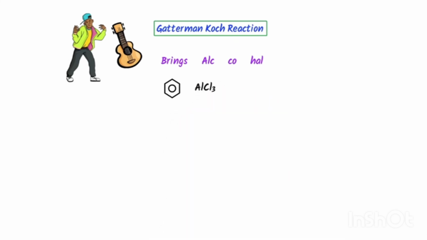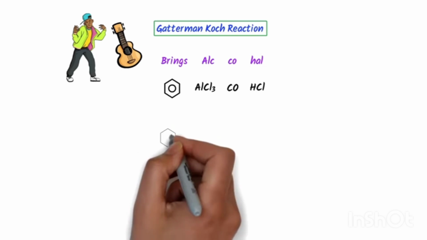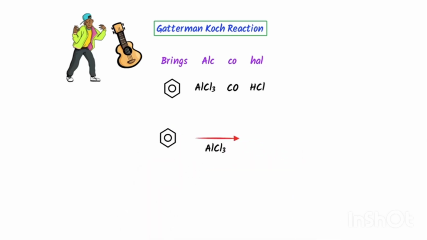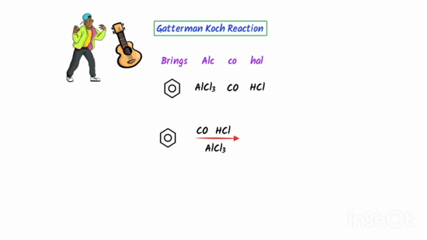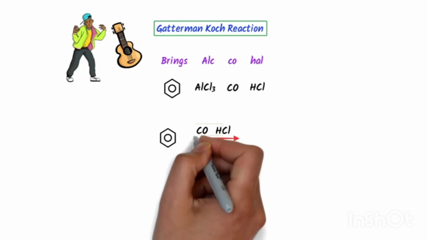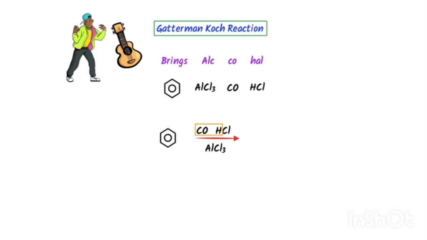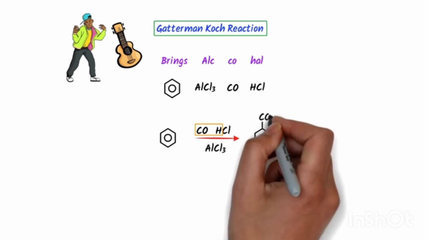This CO stands for CO. And this H stands for HCl. So I write here benzene ring. I write here aluminium chloride, CO and then HCl. These are the reactants of this reaction. Now I select CO and H and I add it to the benzene ring. I write here benzene ring and I attach CHO to it.